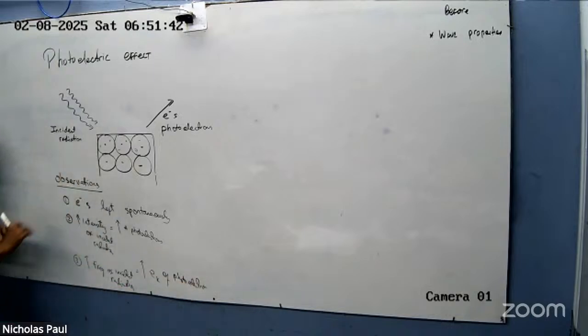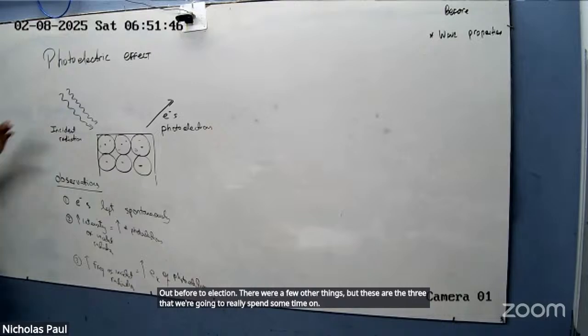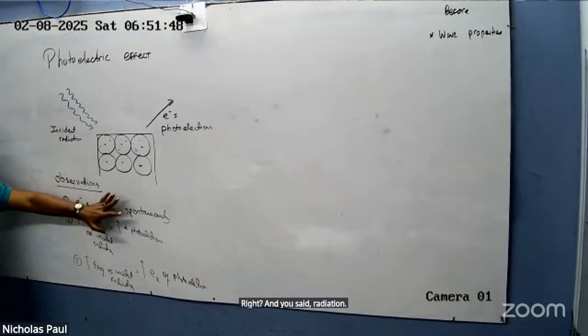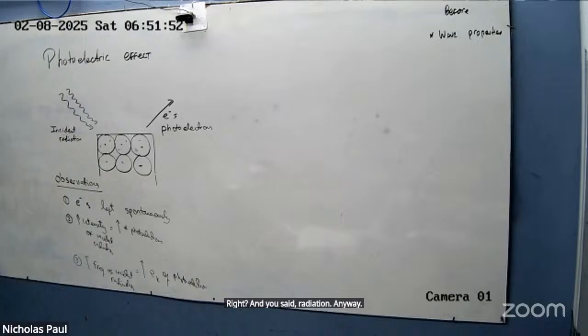There were a few other things, but these are the three that we're going to really spend some time on. You don't want to write it in the handout, eh? Anyway, go ahead. But those were your three observations. Radiation hits, electrons leave immediately.